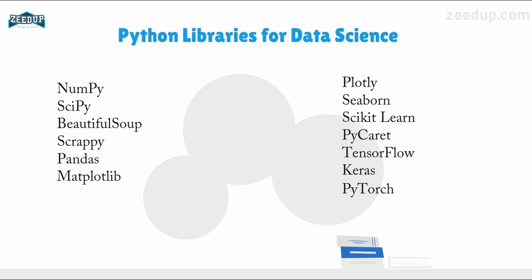Keras is another deep learning API that is written in Python, which runs on top of the machine learning platform TensorFlow. Last but not the least, we have PyTorch, which is considered one of the best deep learning frameworks in Python. So in this tutorial, we would be working mainly with NumPy, SciPy, Pandas, Matplotlib, Seaborn, and Scikit-learn.